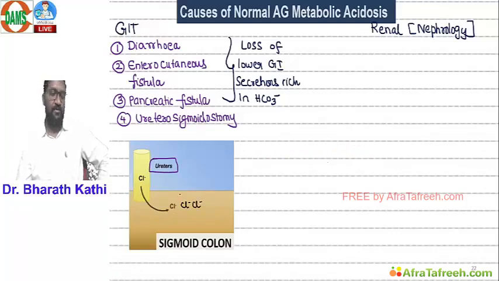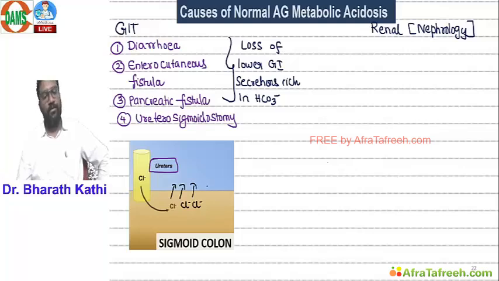Because excess chloride is coming into the intestine, your intestine loves chloride, so there will be chloride reabsorption. For whatever negative has come in, a negative will be thrown out. What is that negative thrown out? Bicarbonate.